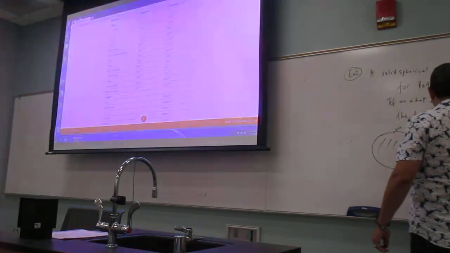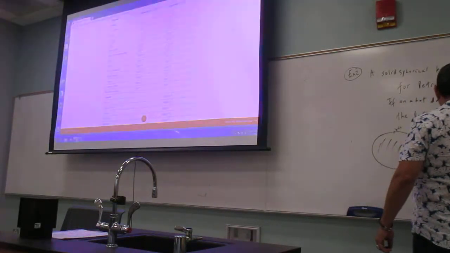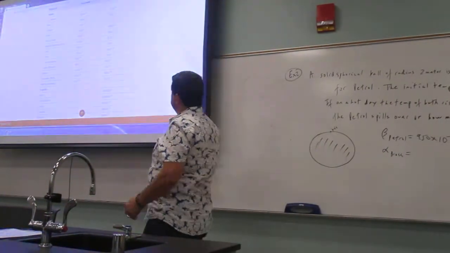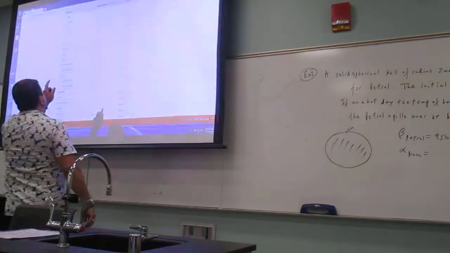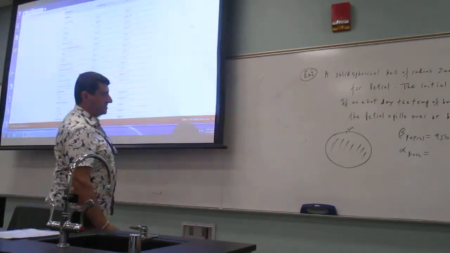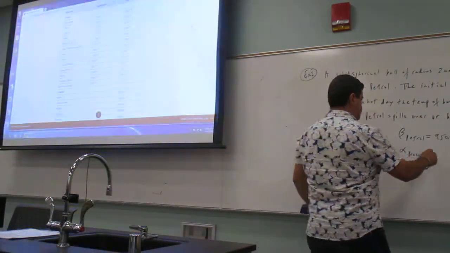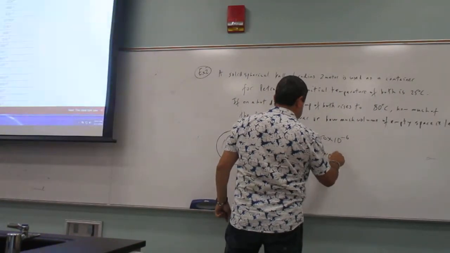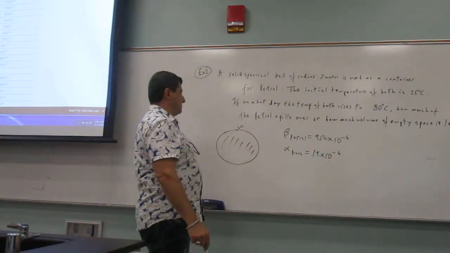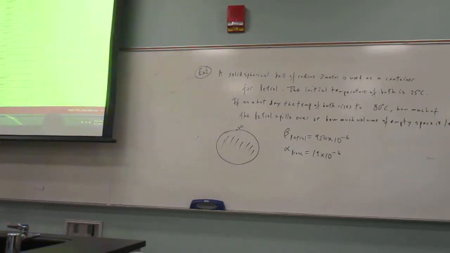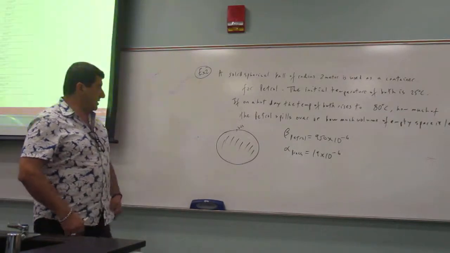So alpha of the brass is going to be what? 19 times 10 to the minus 6. Right? Okay, so now, how should we do it?